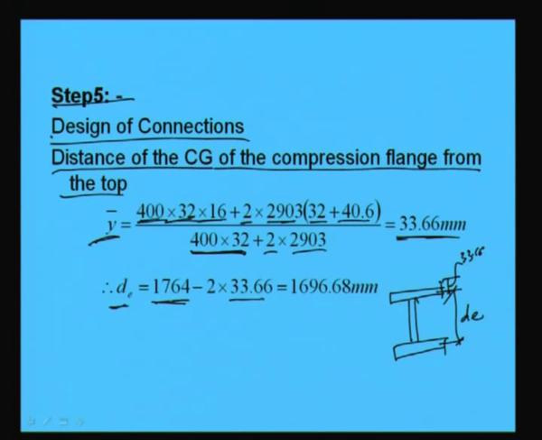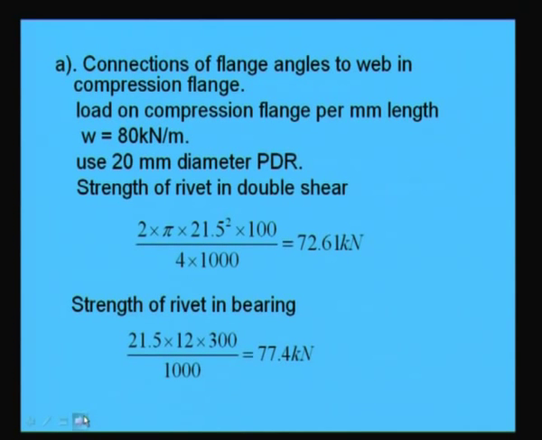So, that is 1764 minus 2 into 33.66, that will become 1696.68 millimeter. So, this is how we can calculate the value of DE.